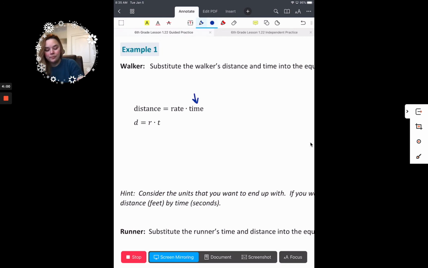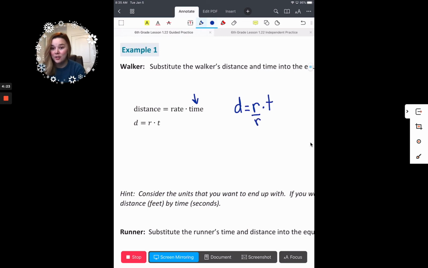So I'm going to rewrite this over here so I have a little bit more room. So I have distance equals rate times time. So in order to get the rate on the other side of the equal sign, we're going to divide it. So we're going to divide rate by rate.